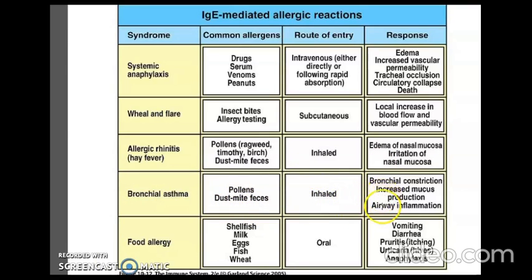And there is bronchial constriction, increased mucus production, and airway inflammation as a reaction. And food allergy occurs due to the consumption of shellfish, milk, eggs, fish, wheat. Route of entry is oral, and the reaction includes vomiting, diarrhea, urticaria, itching, anaphylaxis.